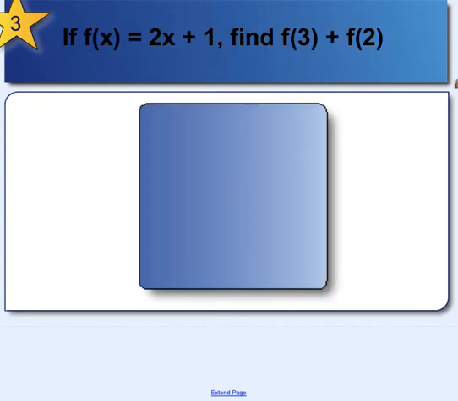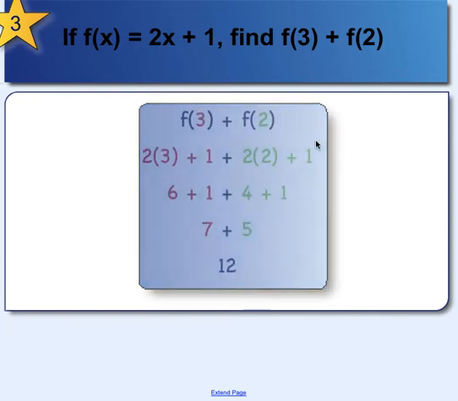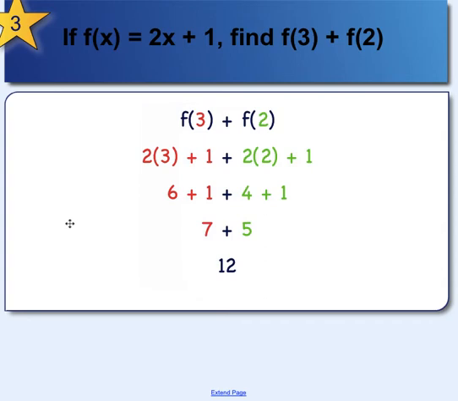So this is a composition of functions where they're not giving us two separate functions. They're asking us to just use the f function, but to plug in a 3 into the f function and add that value to the f function when you substitute a 2. So this one we're going to set up just like the others.